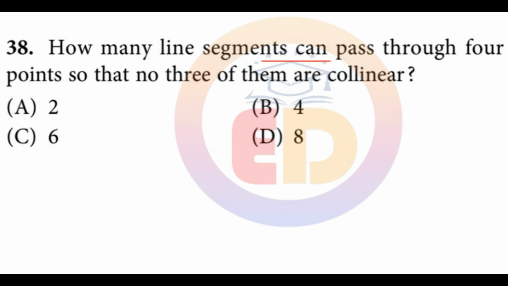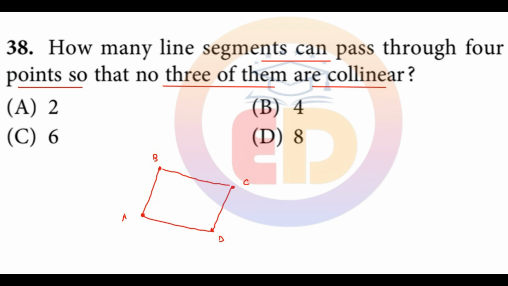How many line segments can pass through 4 points so that no 3 of them are collinear? Collinear means 3 points should not come on one line. Let's make 4 points and see how many line segments we can draw. Let's name them A, B, C and D. The line segments we can make are AB, BC, CD, AD, BD and AC.